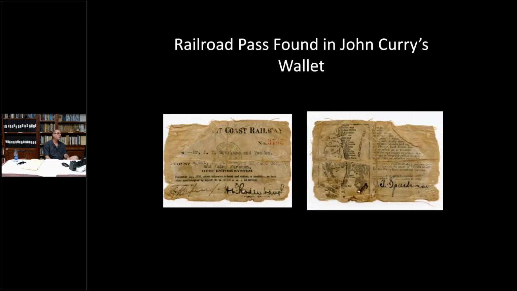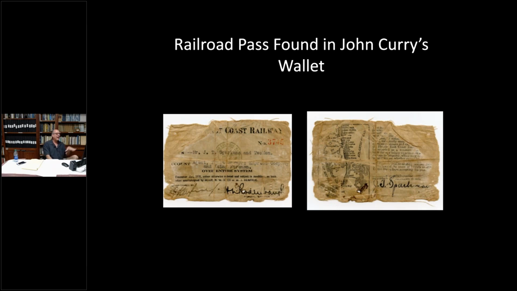Now, when John Curry passed away, his son Lester Curry found his railroad ticket folded up in his wallet, and Lester Curry donated this really cool artifact, as well as the letter we showed you earlier that announces John Curry's position as the next Monroe County school bus driver for the Rock Harbor schools.